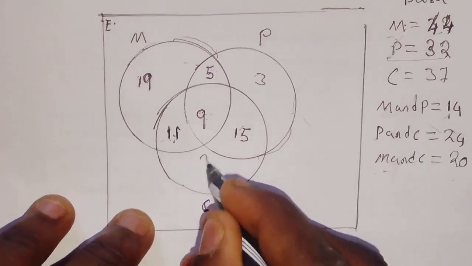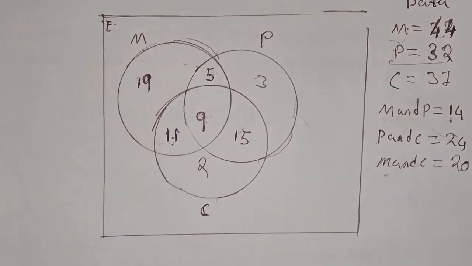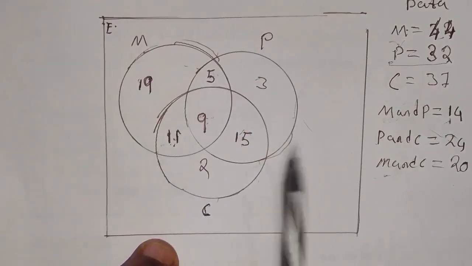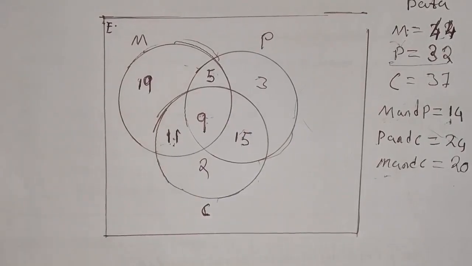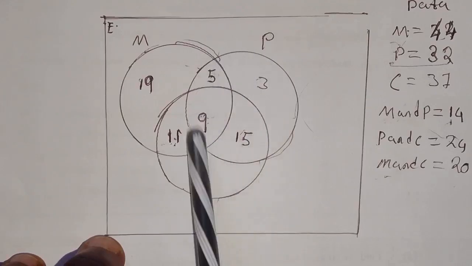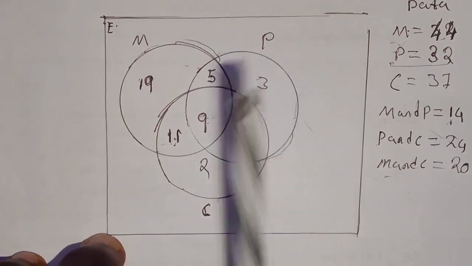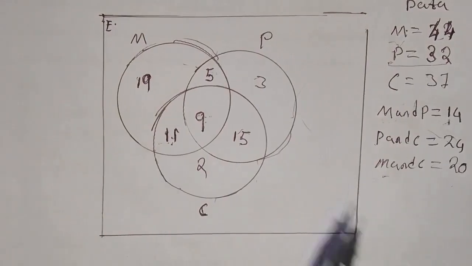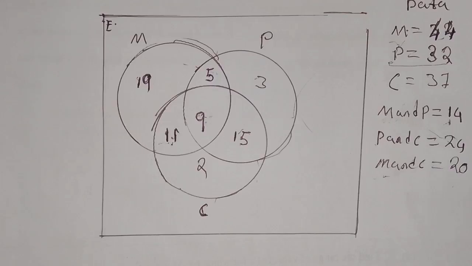Okay, so if you add this set for cassava, it should give you the number of people who planted the cassava. Again, if you add everything in this set of potato, it should give you 32, who are people who planted the sweet potatoes.